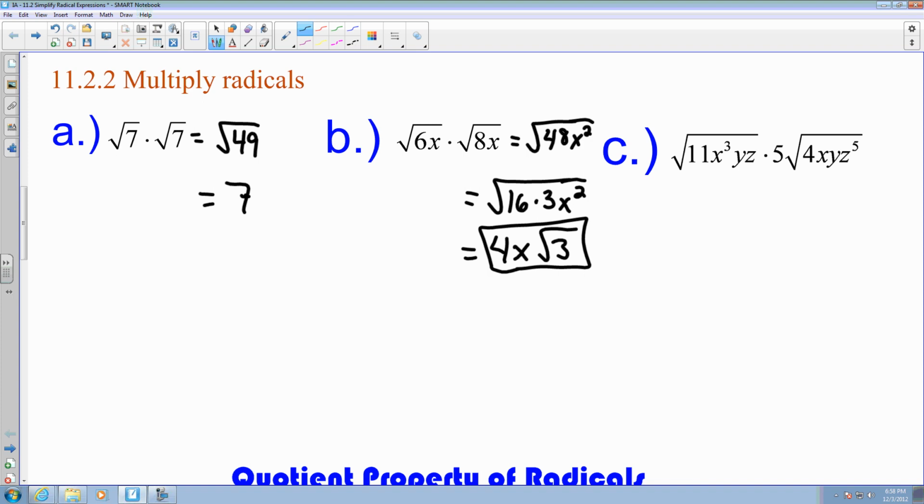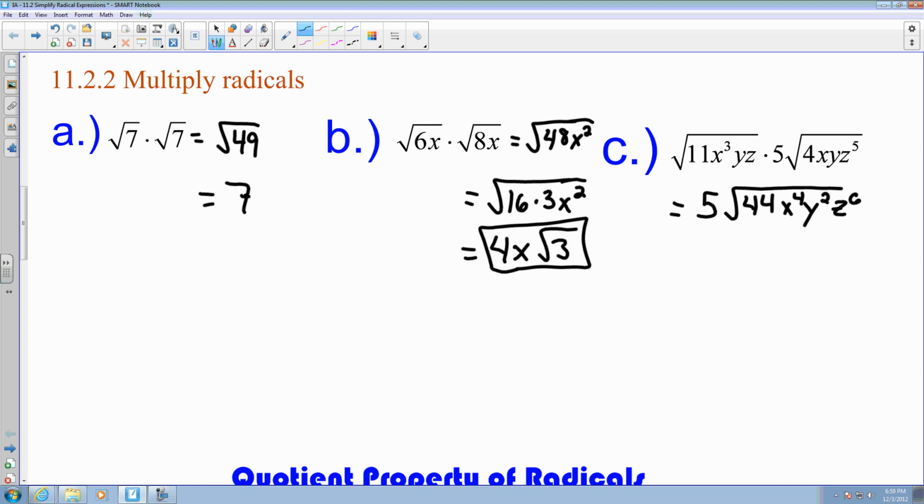And as I look at C, I can write that as 5 times the square root of 44, because 11 times 4 is 44. We've got x to the 4th, y squared, and z to the 6th.